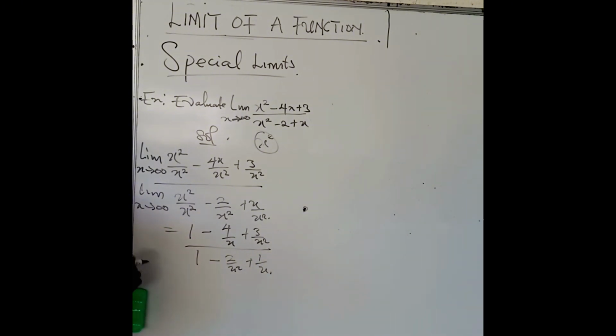Now, you recall that the limit of 1 over s as s approaches infinity is equal to 0. This recall tells us that whenever you see terms like 4 over s, 3 over s squared, 2 over s squared, 1 over s, they still fall under this law of a limit, so each can be represented as 0.